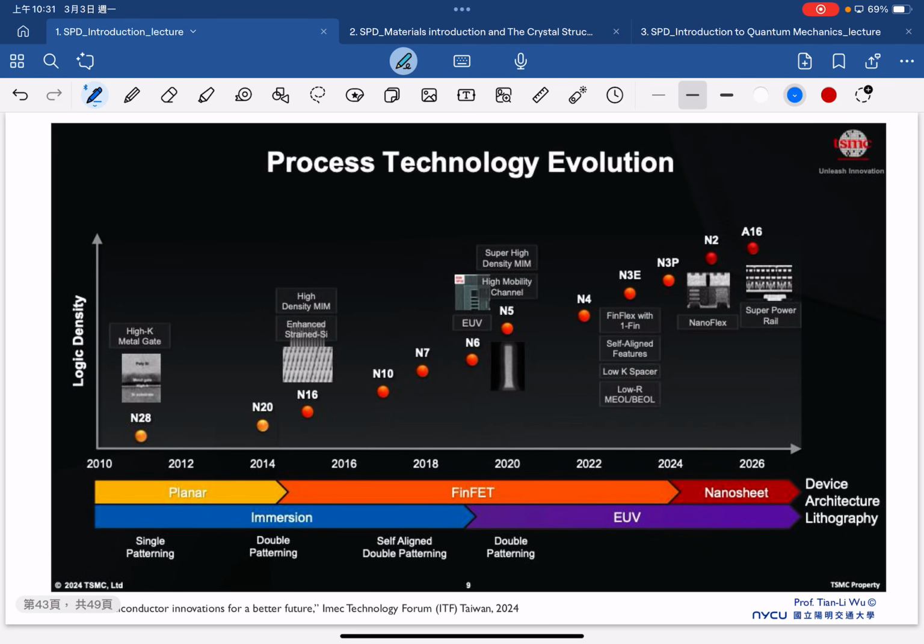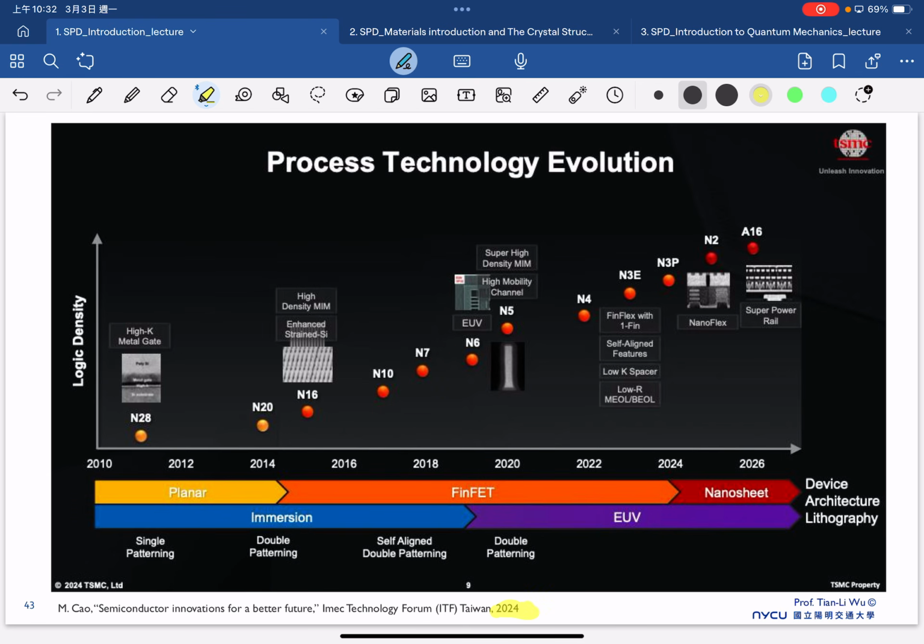Okay, so here we just start to go through some of the up-to-date advancements in our semiconductor industry. This is a slide coming from TSMC in 2024.